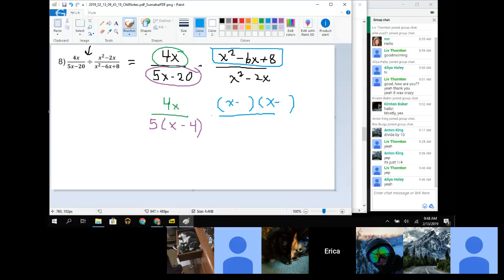So why don't we do negative 4 times negative 2, because that'll give us positive 8, but it also gives us negative 6 when we add them together. And then last up, we have x squared minus 2x. So that one, we can pull an x out of both of those and get x times x minus 2.